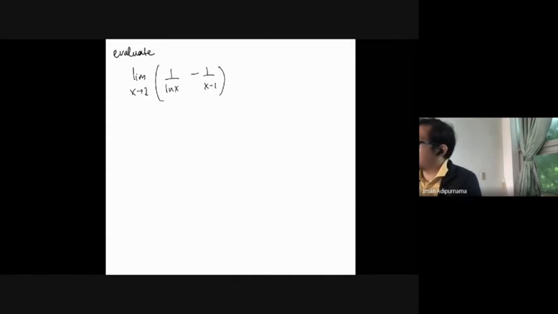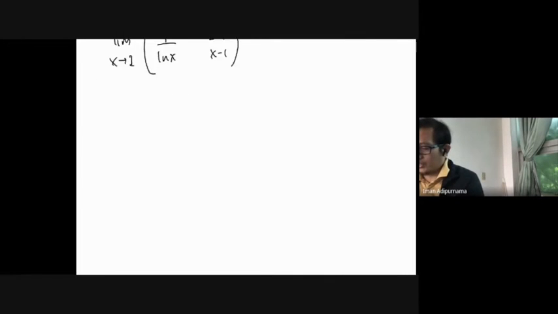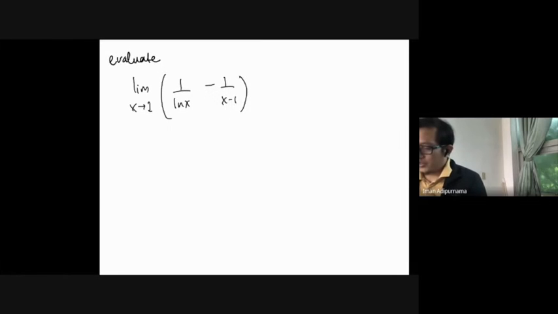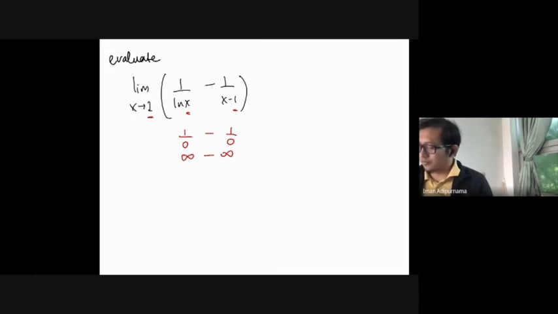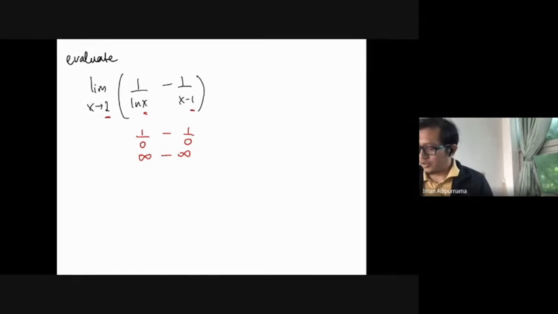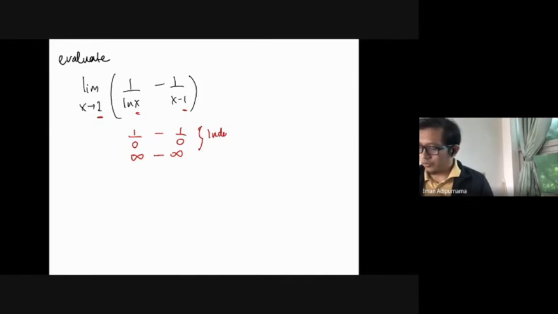So this is just a review of how to solve this limit. Obviously, if you plug in 1 here, it will render 1 over 0 and 1 over 0, which is infinite minus infinite, right? We call this form an indeterminate form.